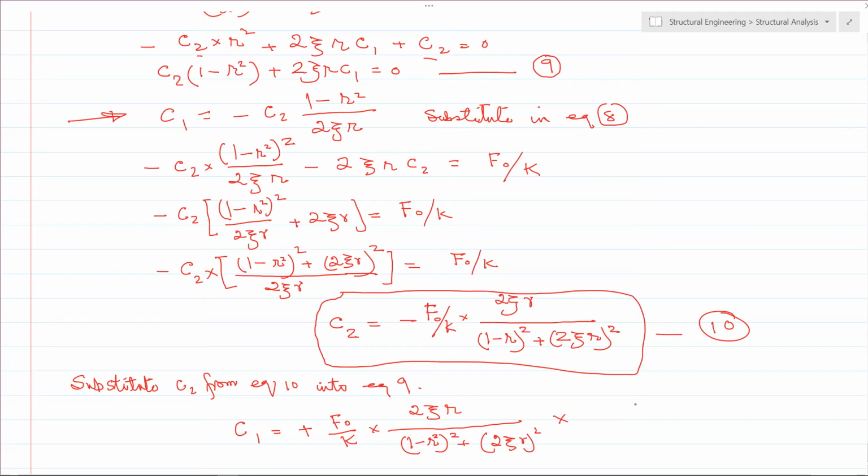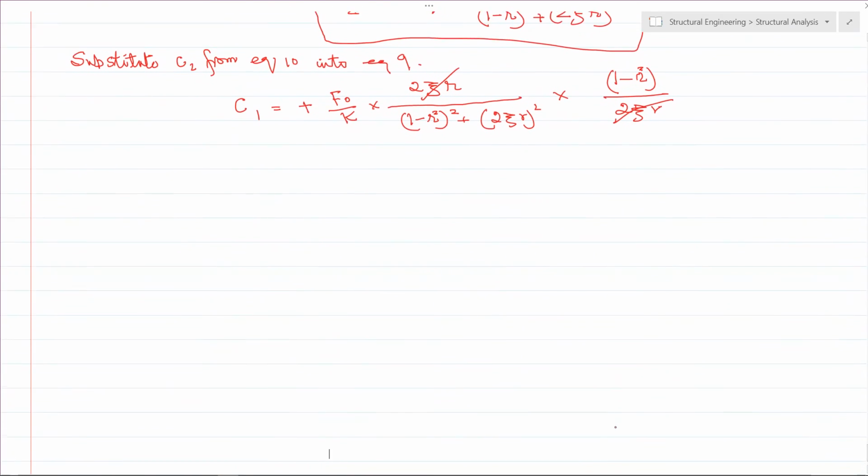is equal to 1 minus r square divided by 2 times xi c r. So that means we can cancel 2 times xi c r.